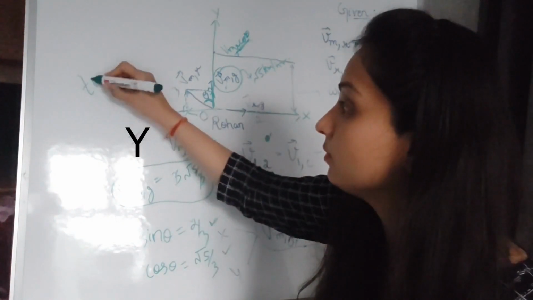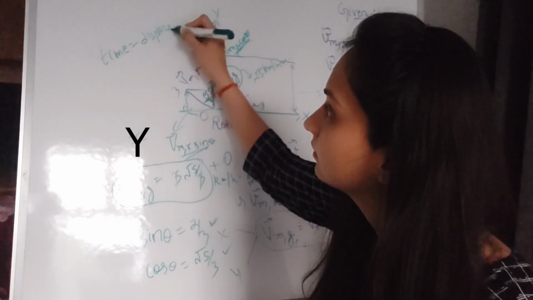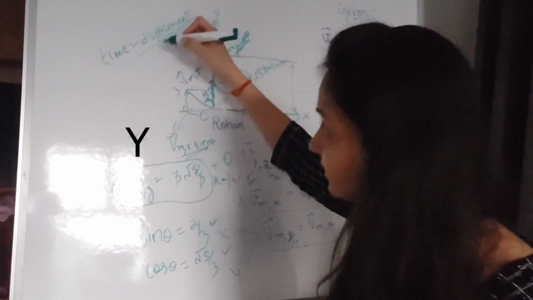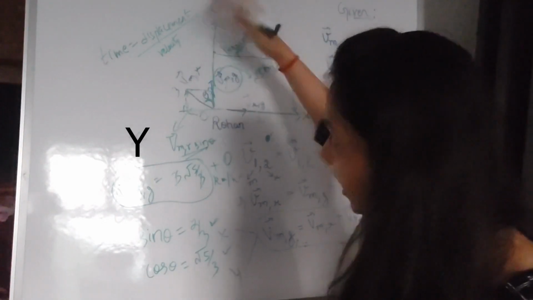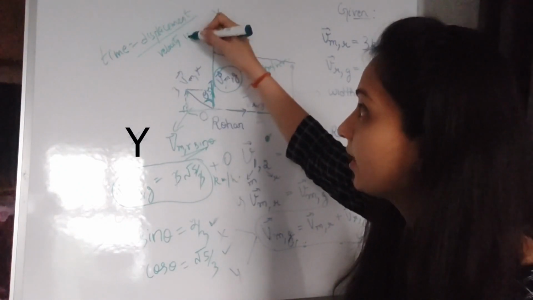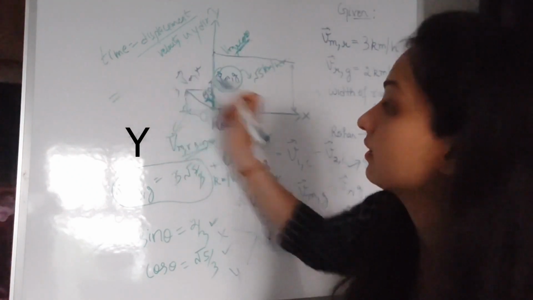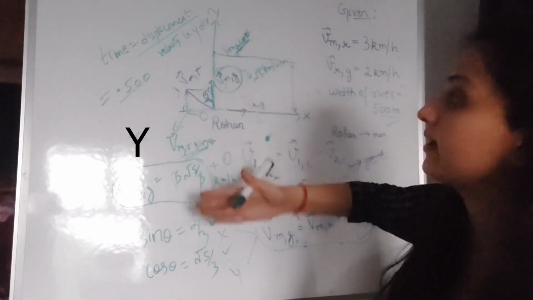So time, you know, time is displacement divided by the velocity in the direction in which you are calculating the displacement. So velocity in the y direction, 0.5 kilometers, and the velocity in the y direction.